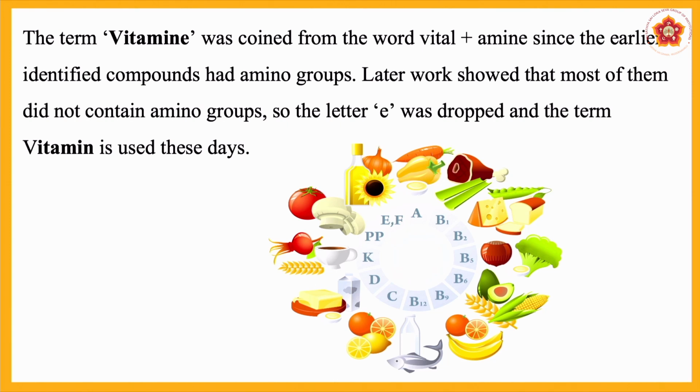You can see the sources of each vitamin in the picture. Okay, there are so many: A, B1, B2, B5, B6, B9, B12, vitamin C, vitamin D, vitamin K, vitamin PP, vitamin E, F, etc. You can see the sources of each vitamin here, and some important vitamins we will study now.